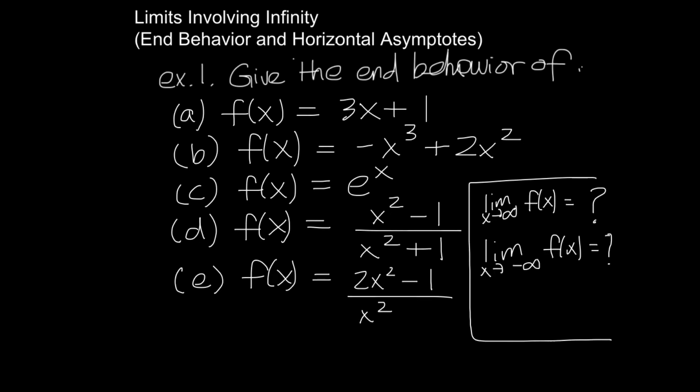And if there is a horizontal asymptote, give the equation of the horizontal asymptote. If you don't know how these functions look, then graph it on your graphing calculator and use that graph to help you determine these end behavior limits. That's all, folks.